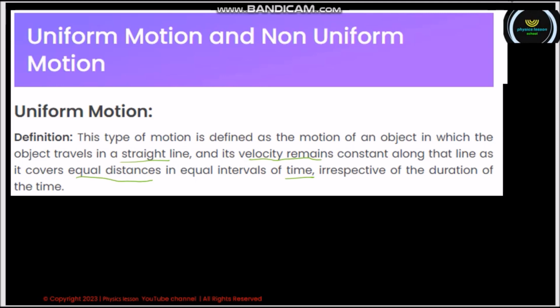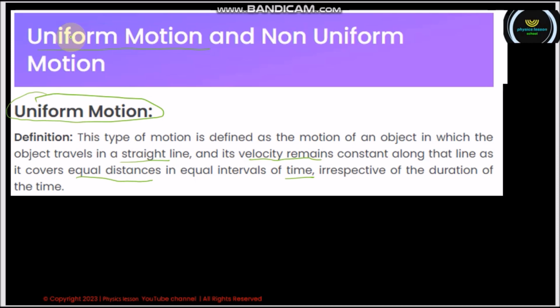Today we will see uniform motion and non-uniform motion. Let us define the first one, uniform motion. What is the definition? How do we define uniform motion?